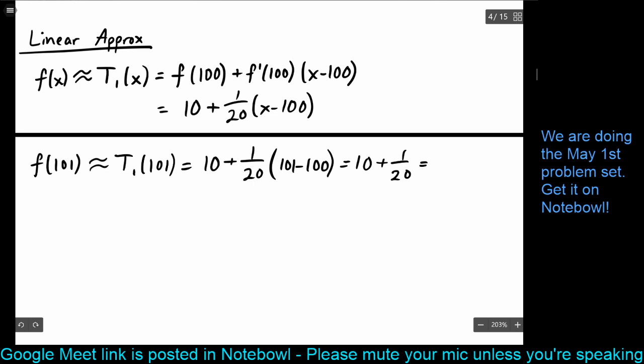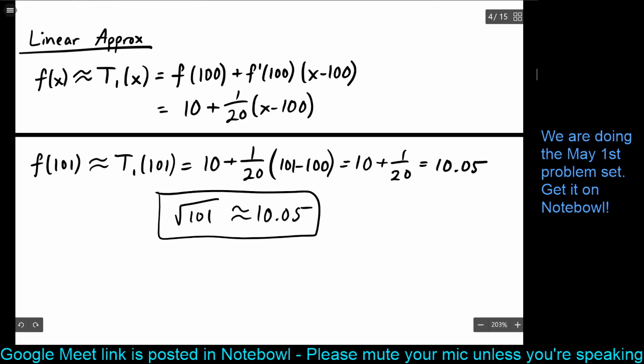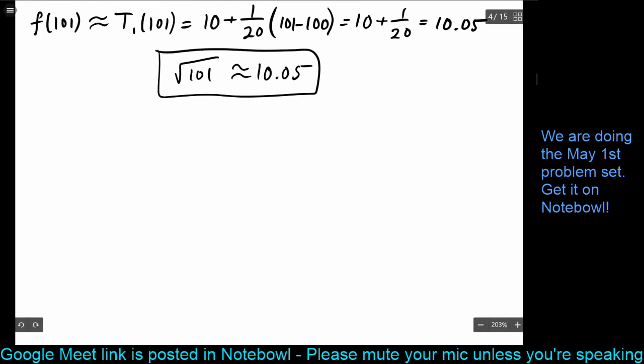Now 1/20 is 0.05, so this is 10.05. So that's what we have here. This is an approximation of square root of 101. That's the linear approximation. Let's move on to the quadratic approximation.